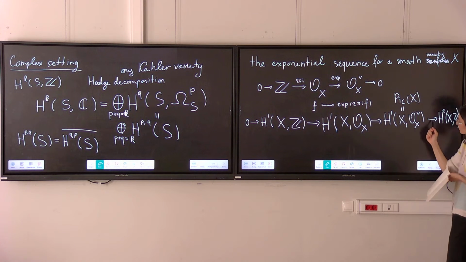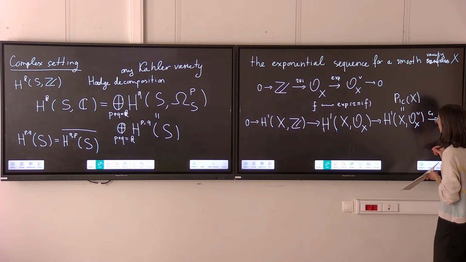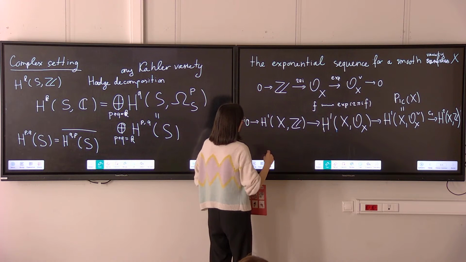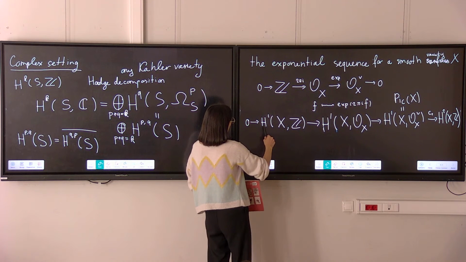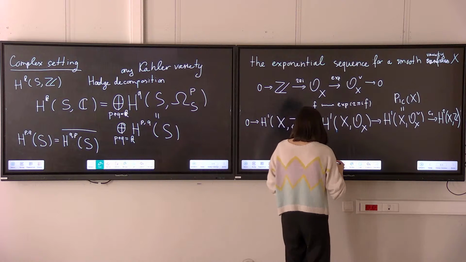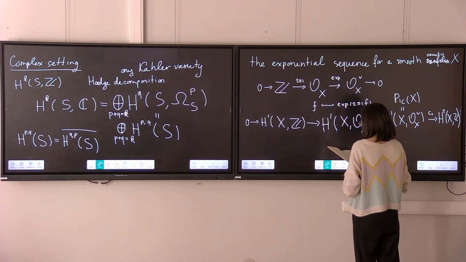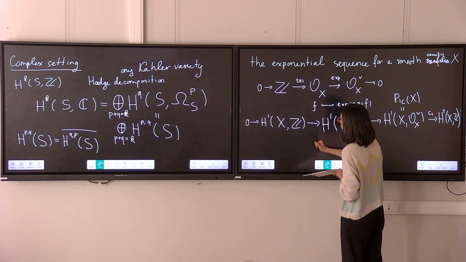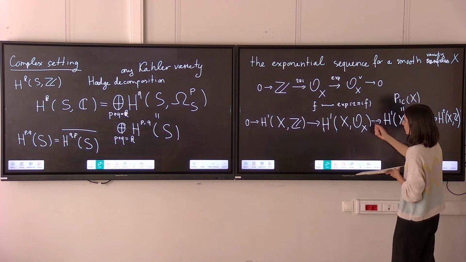And now, what is this map? This is the first Chern class. And what Hodge theory tells us is that this embedding gives you a lattice inside.